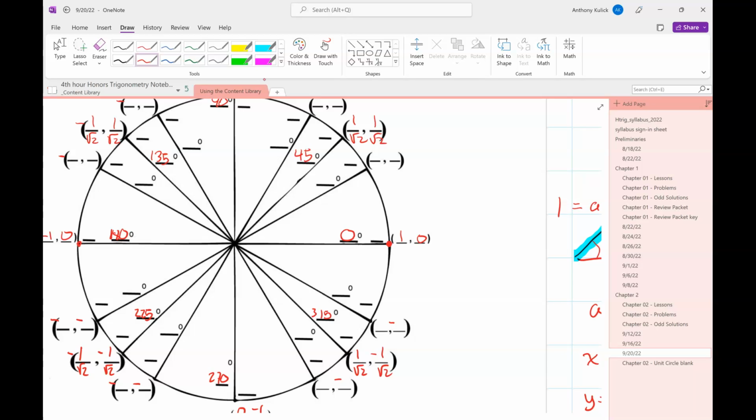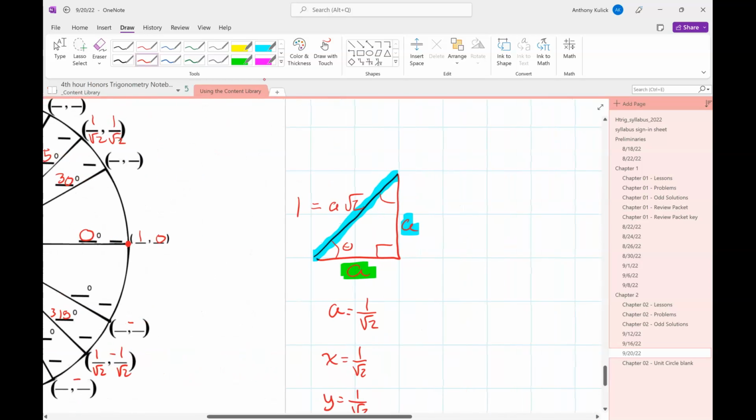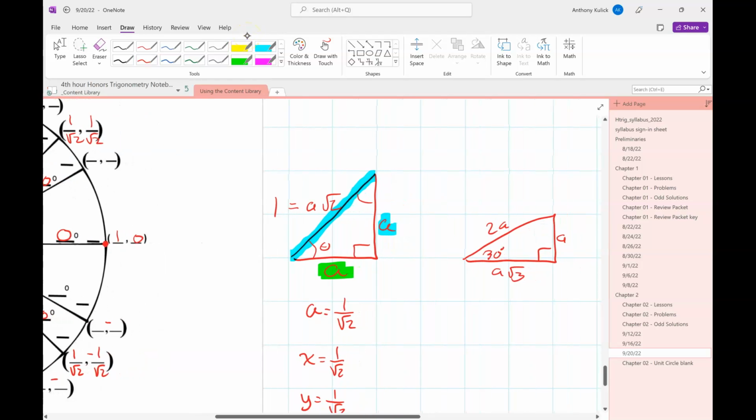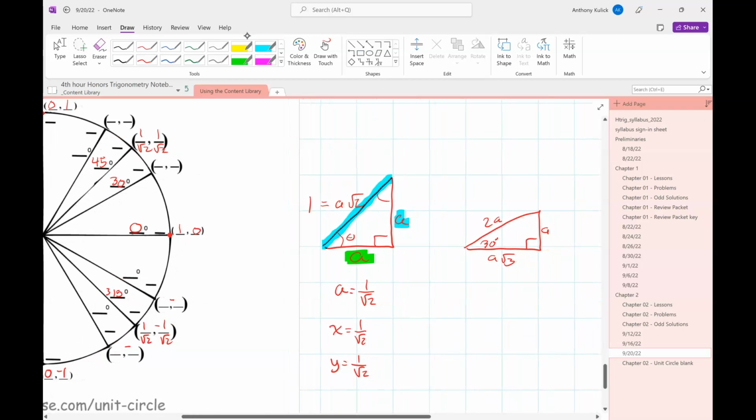Okay. Let's go through and do our triangles with a 30-degree reference angle. So what value should I pick for A in this case?